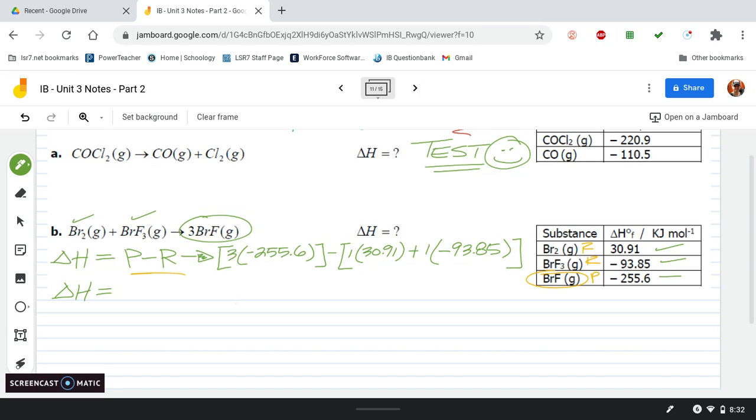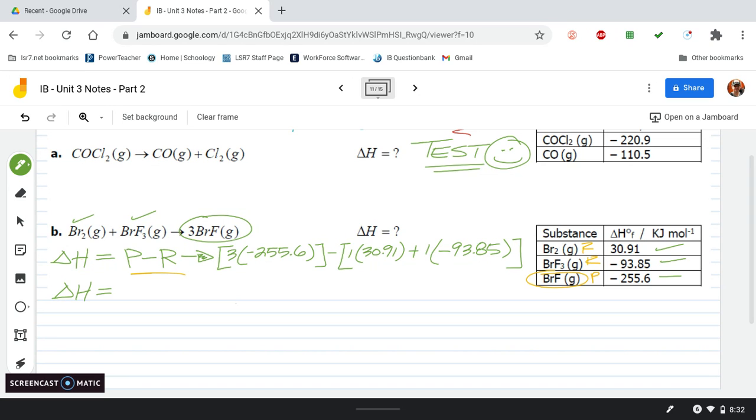Now, you guys have likely already done this, which means you're just checking your answers. If you have not done it, remember, watching me do chemistry does not mean you learn any chemistry. So just something to be aware of. So 3 times negative 255.6, hit enter.